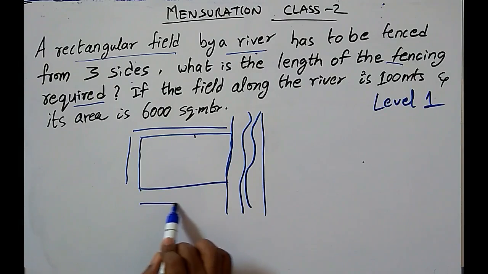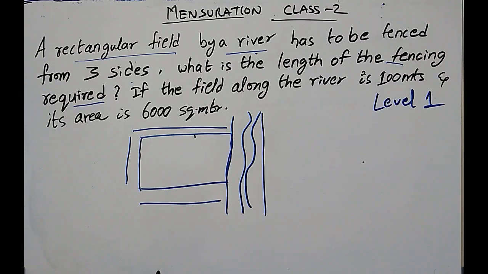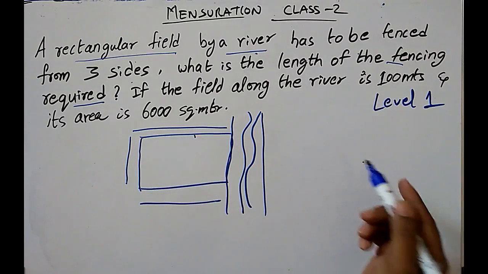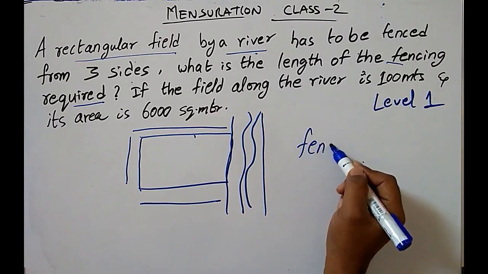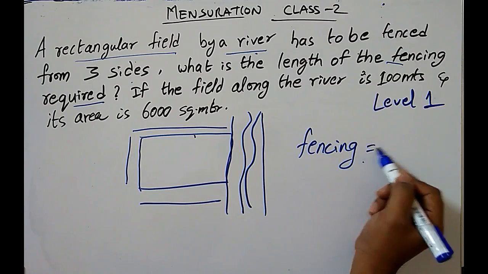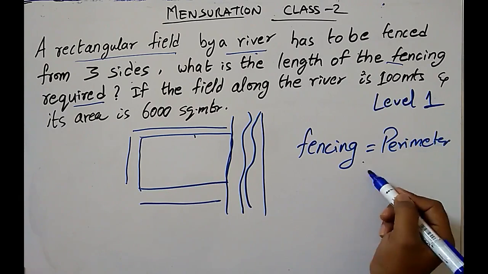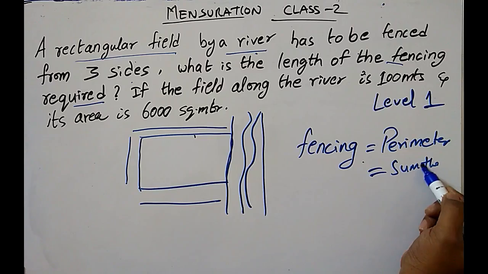These are the 3 sides which we have to fence. Fencing in a rectangle is nothing but the perimeter. Perimeter is nothing but the sum of all the sides.